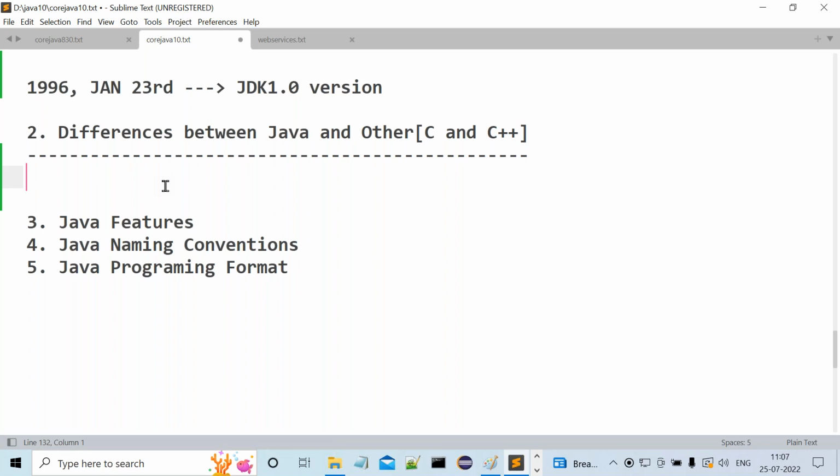Because of that, inside the resume the technology skill set is specified: C, C++, Java, core Java, advanced Java, Hibernate, Spring Boot, microservices. Then the full stack, testing tools, .NET, Python, anything, whatever names you know. Every name is specified in the resume. Am I right or not? By the time of preparing the resume, our temptation will be like that.